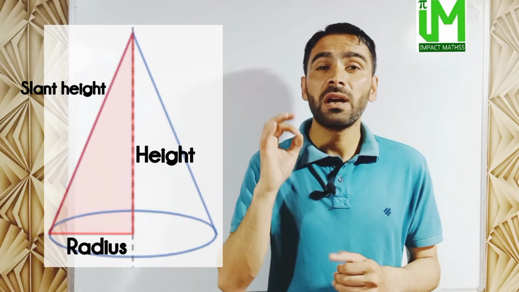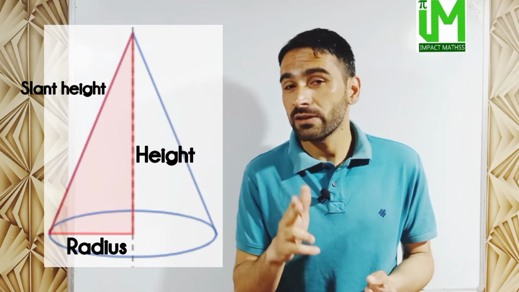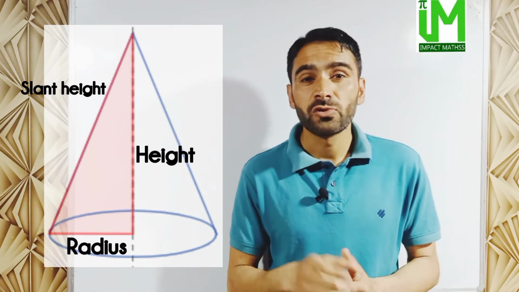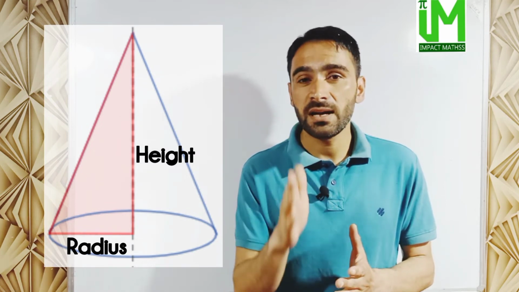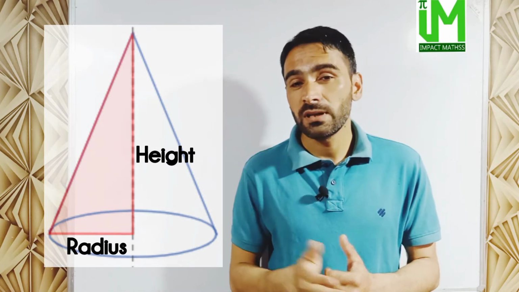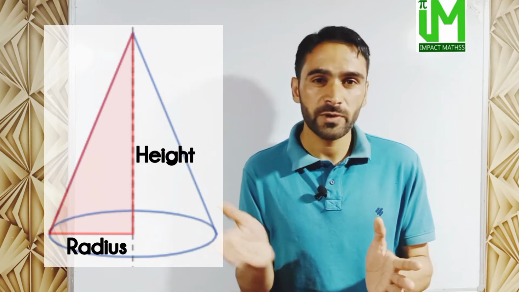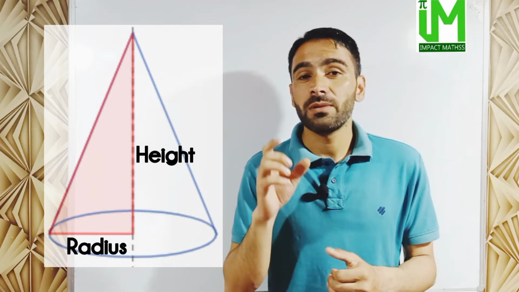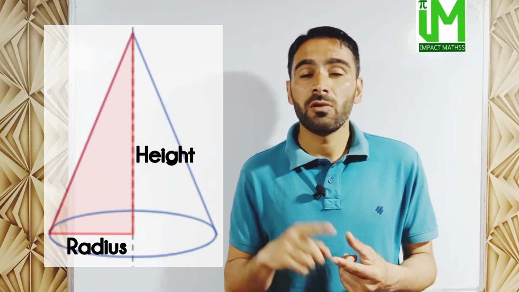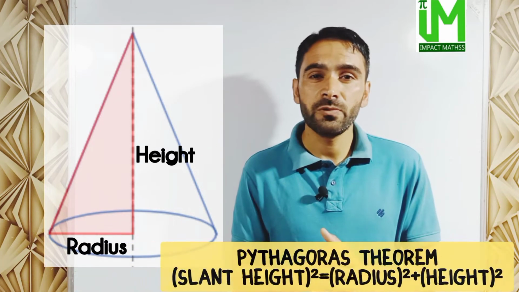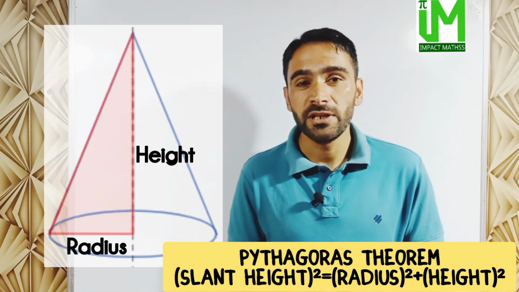Now how tall or how wide a cone is will obviously depend on the length of the sides of the right angle triangle. So accordingly, if the perpendicular is taller, the cone will be taller, and if the base is larger, the radius will be larger, because the base becomes the radius of the cone. So obviously we know in Pythagoras theorem the hypotenuse is connected with the perpendicular and the base.